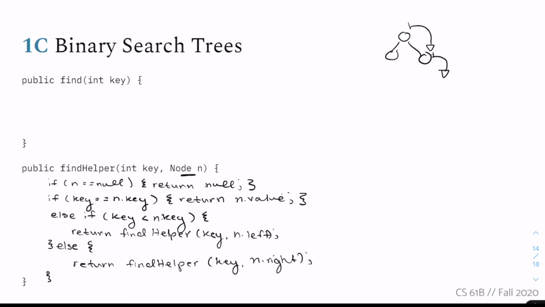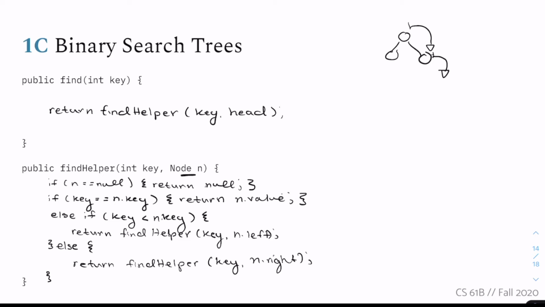And so this is sort of our initial guess. So return find helper, key, and head. And it'll return the value if there is one, and return null otherwise.